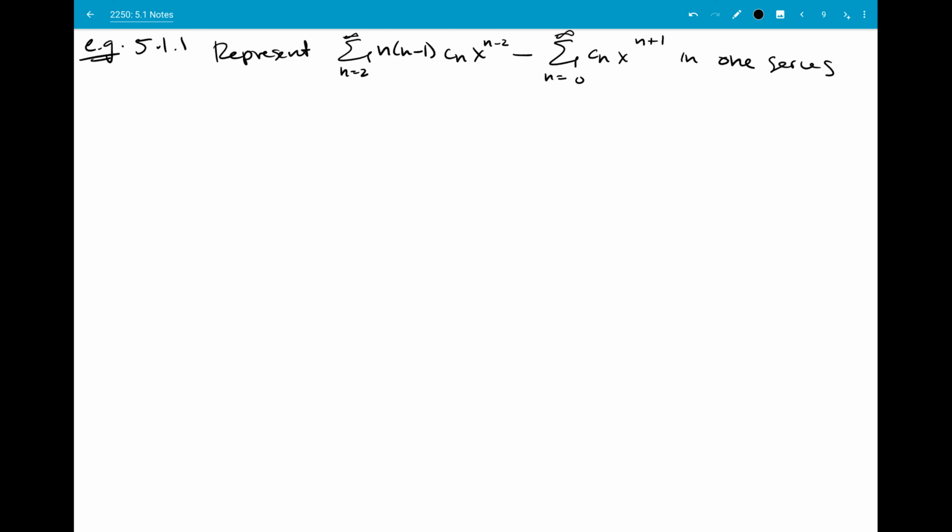We want to take it and represent it in one series. So instead of having these two different sum signs, we want one sum sign that describes both of these things at the same time.